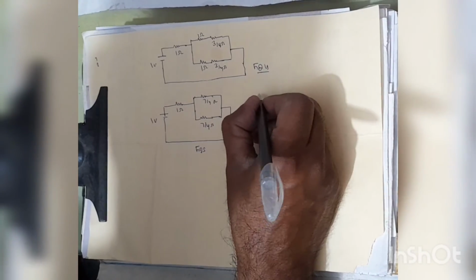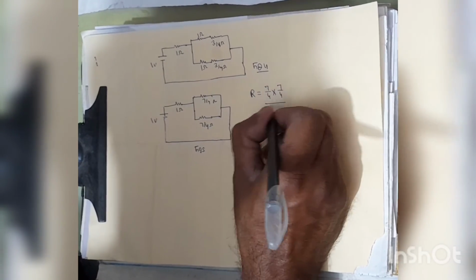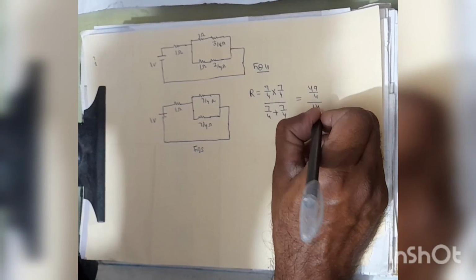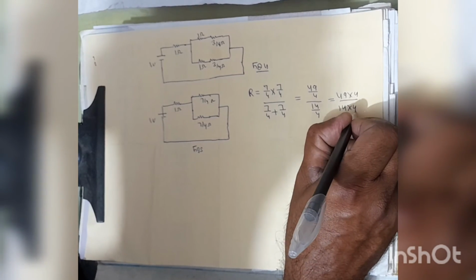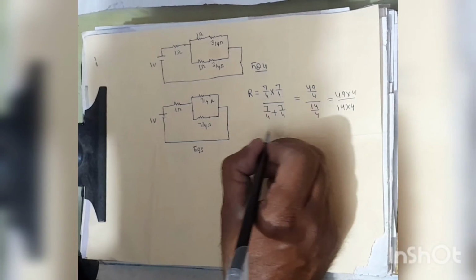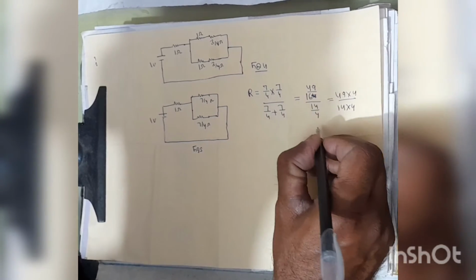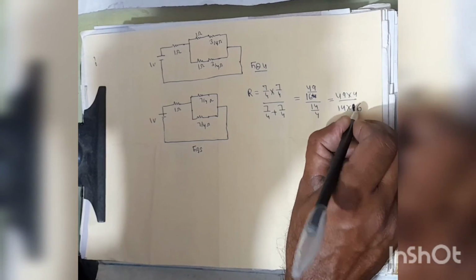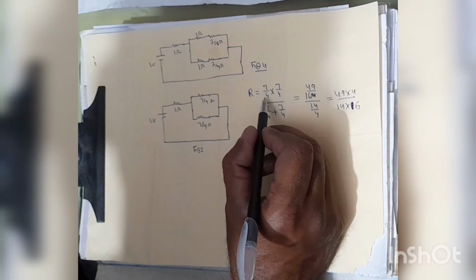Now the parallel combination of two 7/4 ohm resistances will give R equals 7/4 multiplied by 7/4 divided by 7/4 plus 7/4.